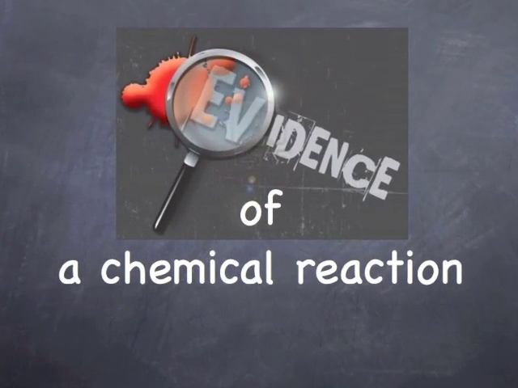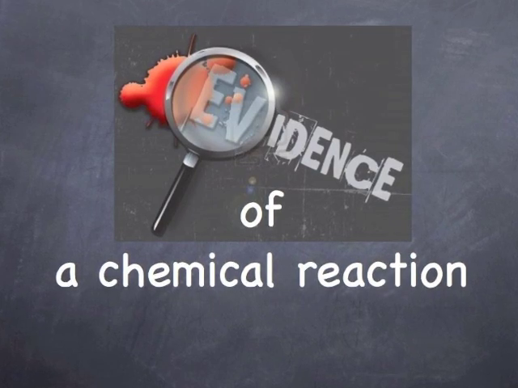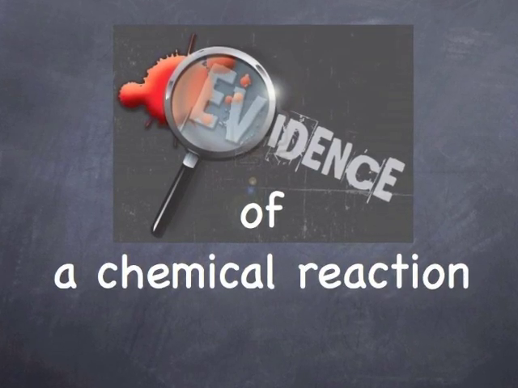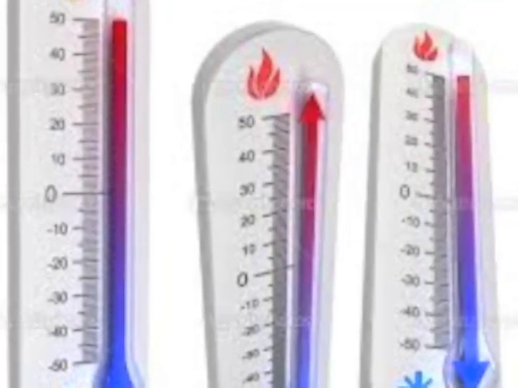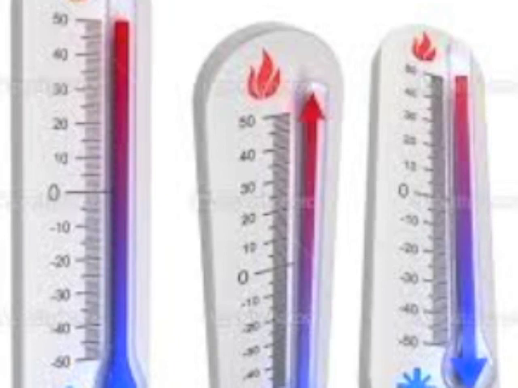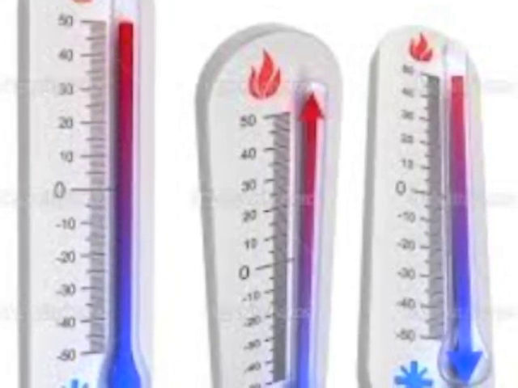How do scientists know if a chemical reaction has occurred? Let's look at some possible indicators. First, if you see a change in temperature, such as the absorption of heat and release of energy in the form of light or heat.